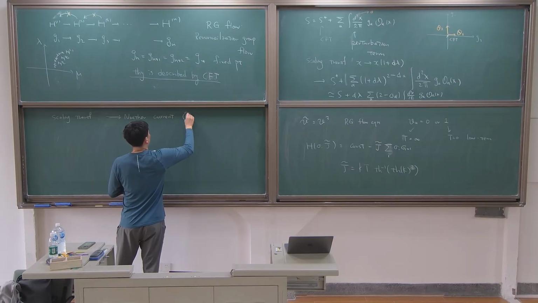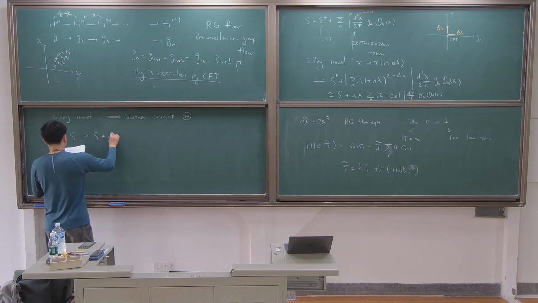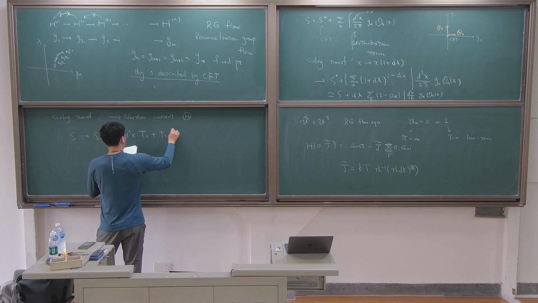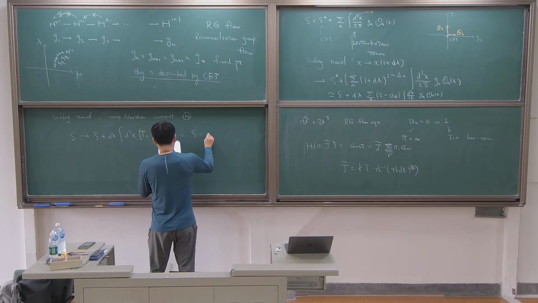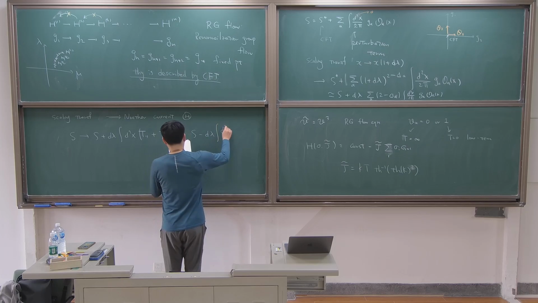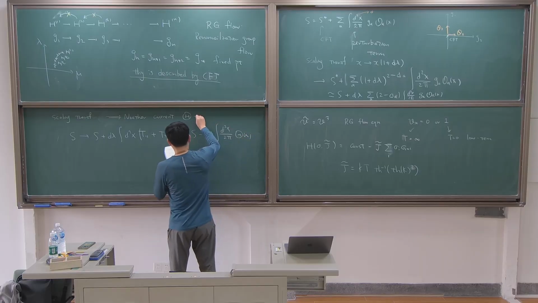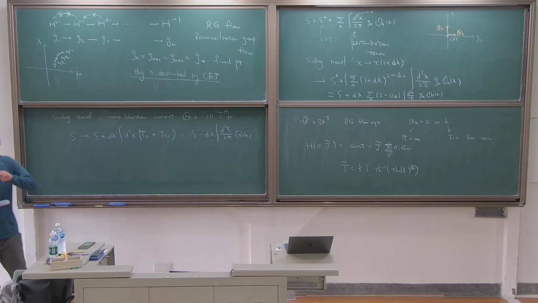So the scaling transformation is given by d lambda, d squared x, T11 plus T22, like this, which is equal to minus d lambda d squared x 2 pi Theta(x). The Theta is, up to some factor, just T mu mu, the diagonal part of the stress energy tensor. Okay, so that's what the scaling transformation is generated by.